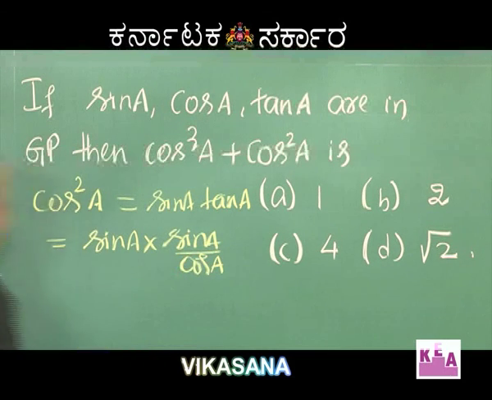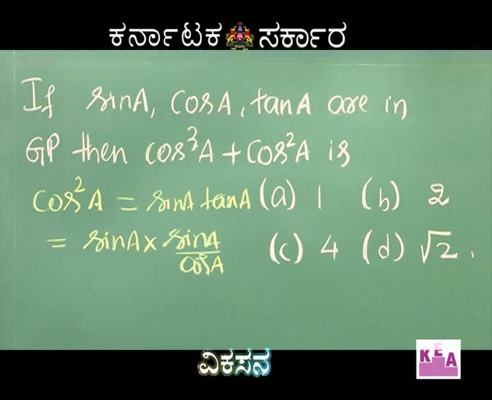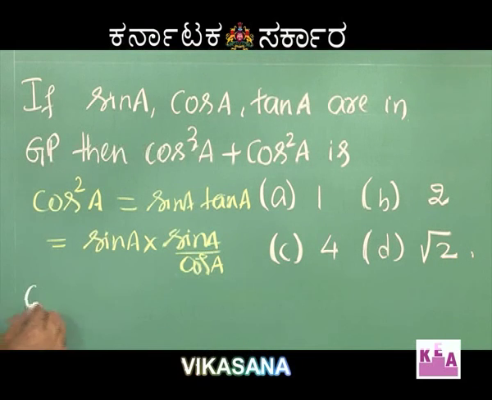So now multiply cos A to the left hand side, we will get cos cube A is equal to sin square A.